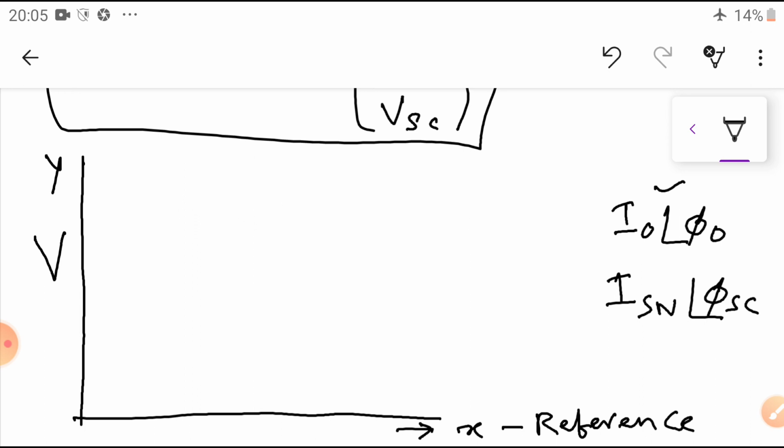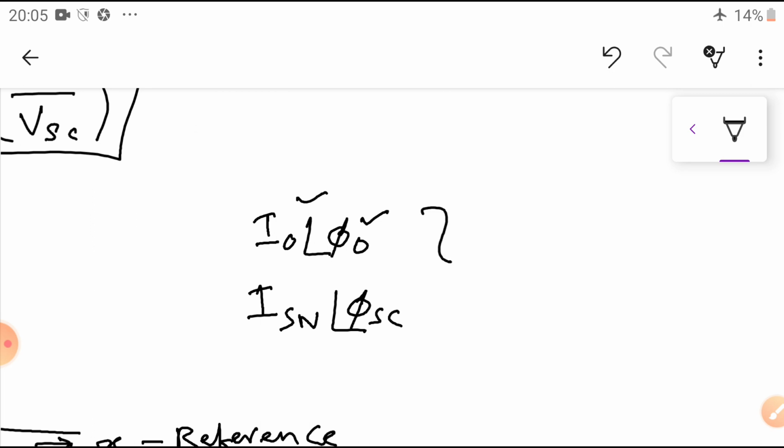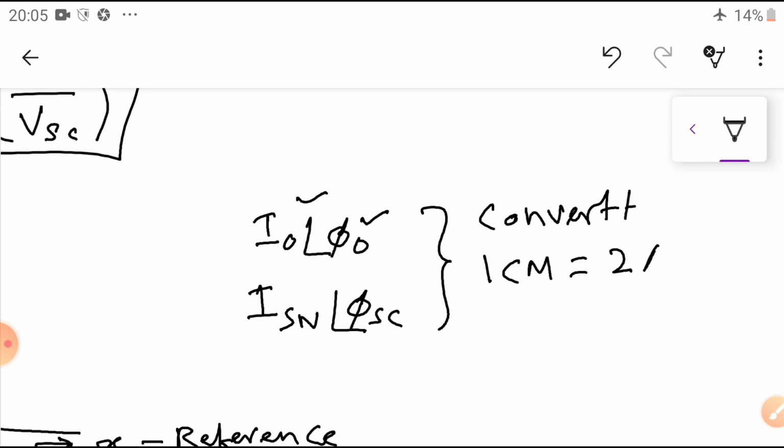From here phi 0, for example, may be 78 degrees. Dear students, you know that whatever current values we have must be converted into scale values. For example, take 1 centimeter equal to 2 amperes as the current scale.